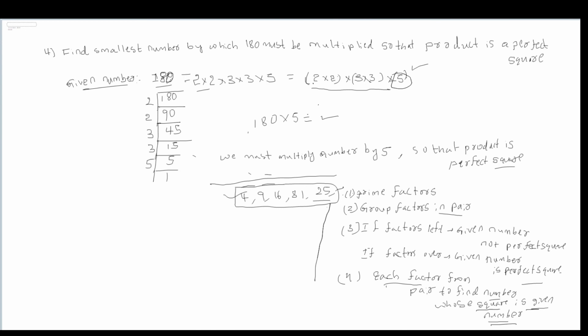But if you multiply 180 by something, we can make the product a perfect square. What factor do we need to multiply? Factor 5. If I make one more 5, we can make a pair here. Therefore, 5 can be multiplied with 180 so that the product is a perfect square. Very clear understanding.